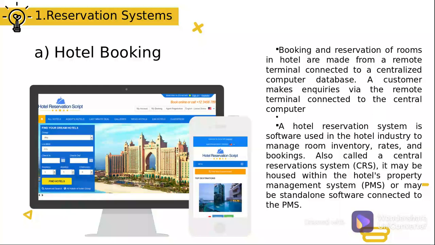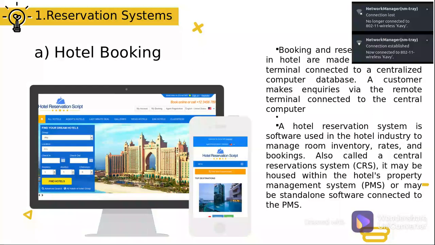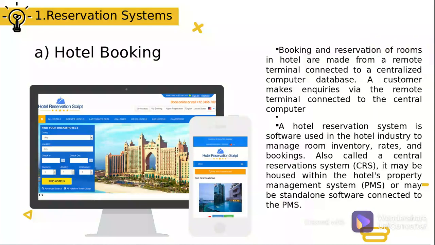A hotel reservation system is just a software that is used in the hotel industry for the management of room inventory or just rooms, the rates at which these rooms are sold, and also carry out issues of booking.